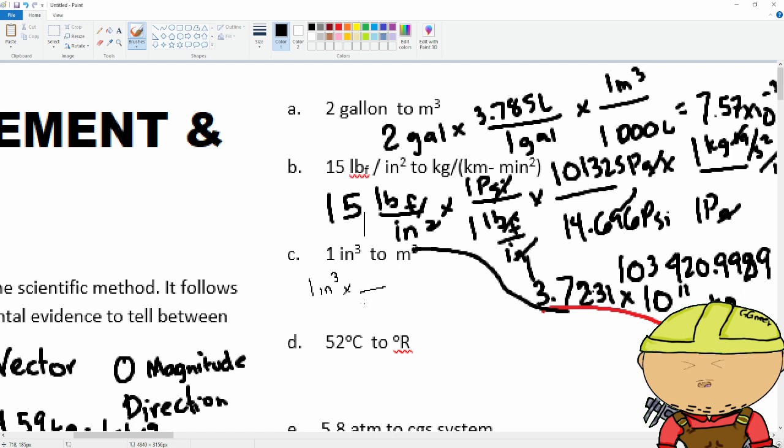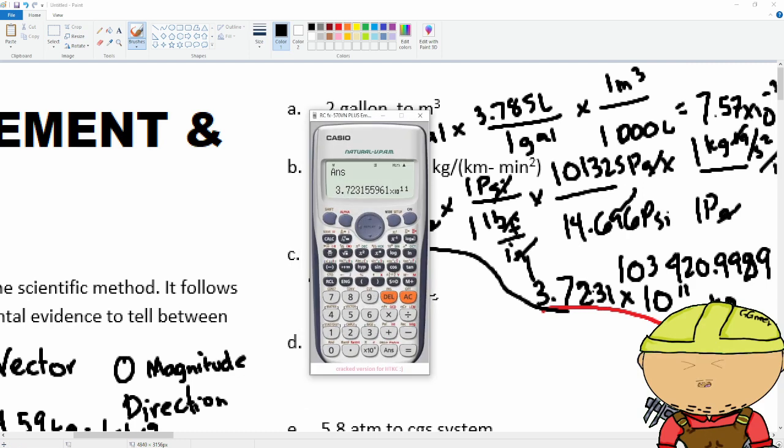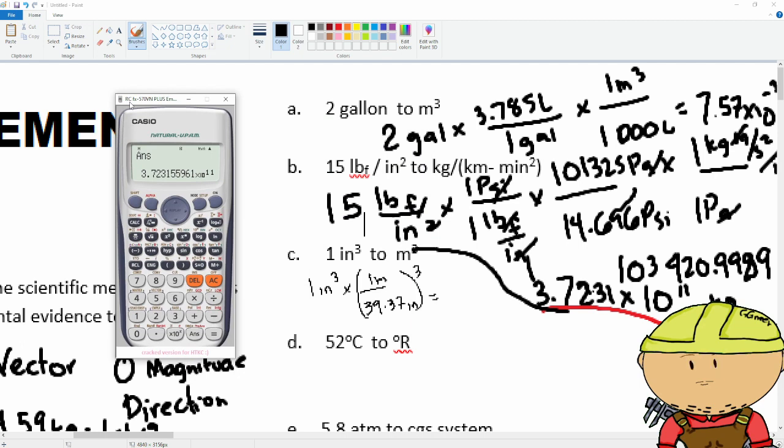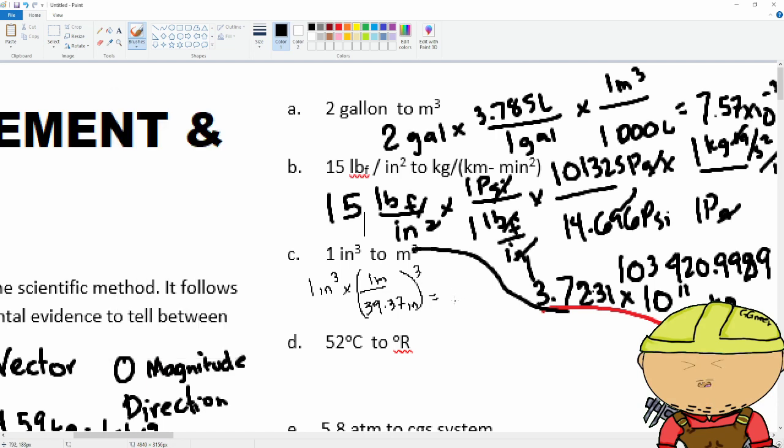I know that there's 39.37 inches per 1 meter, and just cube that. What will be the answer? 1 divided by 39.37 cubed is 1.6387.